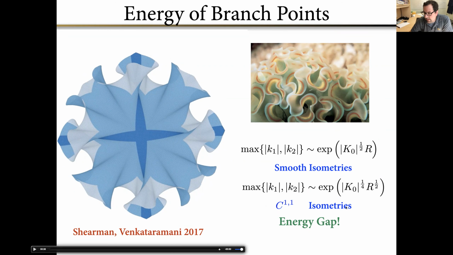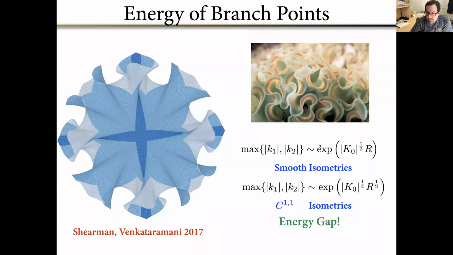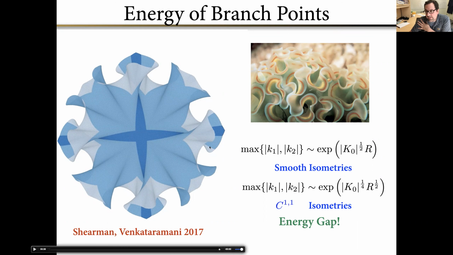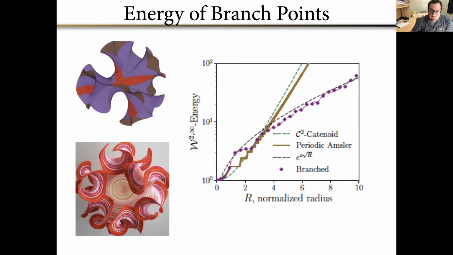But what we're saying is they will never even come close to the energy scalings that we see with the C11 isometries. So we won't even be able to approximate by a traditional finite element solver any of the actual behavior that we'd expect. There's no way to get it using the standard finite elements. And this is just a numerical plot showing how much lower these solutions are. These are the branch solutions versus the various smooth solutions.